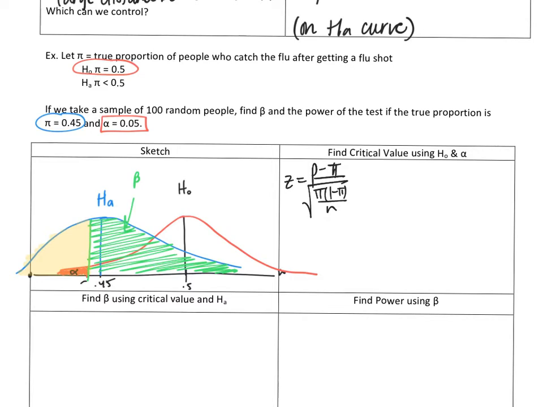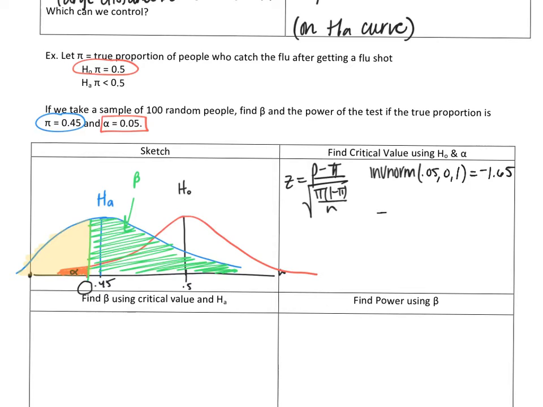So I want to find out what value is this. Okay, well, I'm going to use inverse norm. I know the area to the left, this alpha value, is 0.05, with mean 0 and standard deviation 1, which gives me a z-score of negative 1.65.